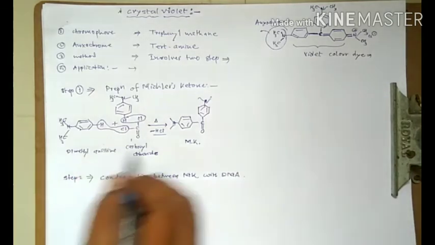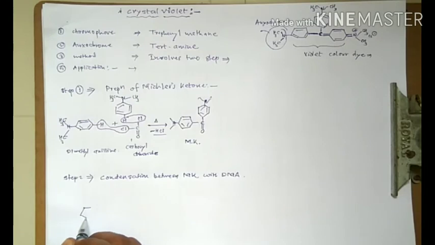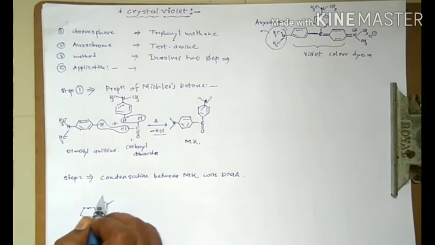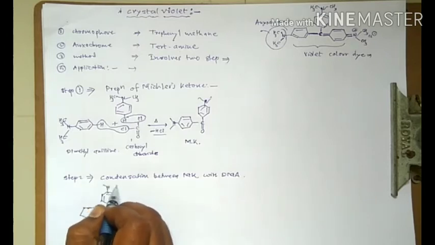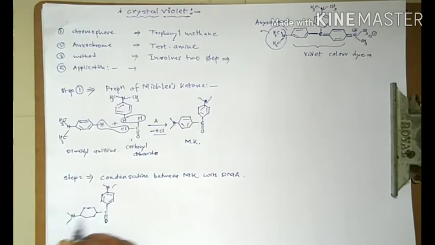So simply you can write here this Michler's ketone and the dimethyl aniline.